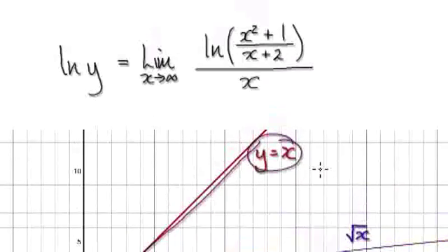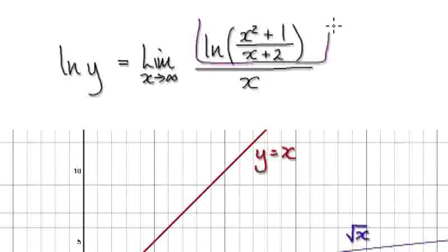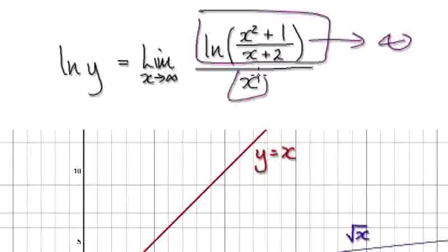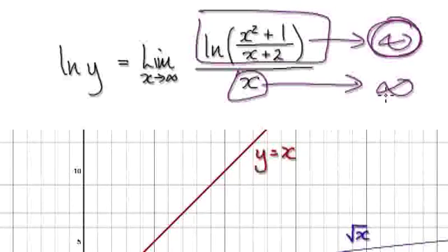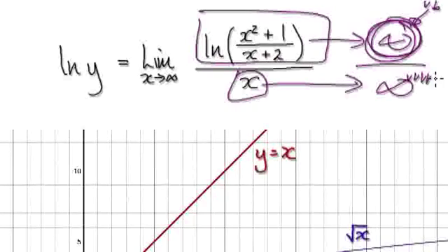So when you look at this, this is heading towards infinity, but this thing here is heading towards infinity a lot faster than this thing here. So eventually you're going to get something very big divided by something that's very, very, very big.